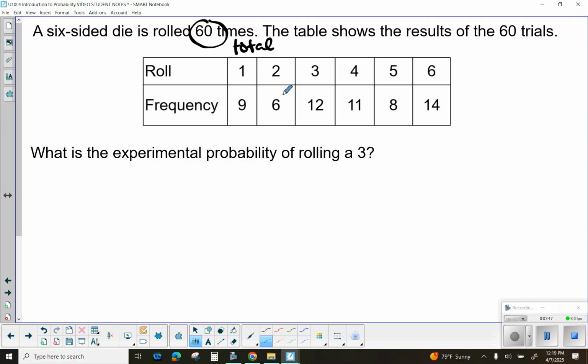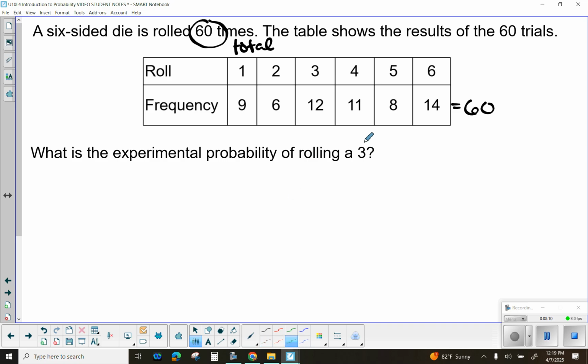They got a 2 on the dice 6 times. These total up to 60. So this is called experimental probability because they actually did it. These numbers can and most likely will be different than theoretical.